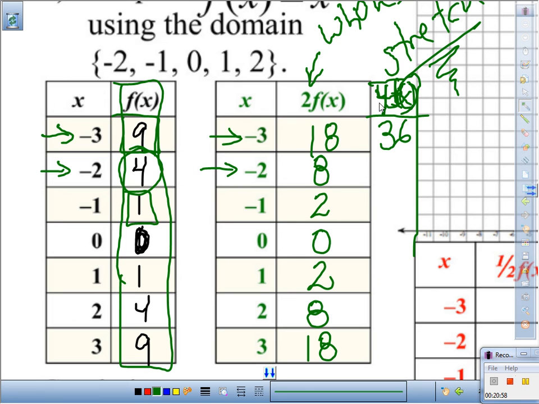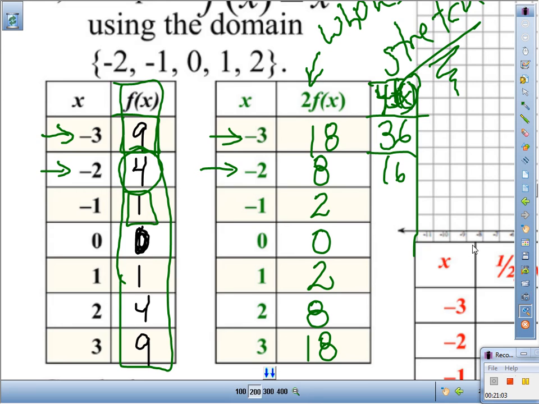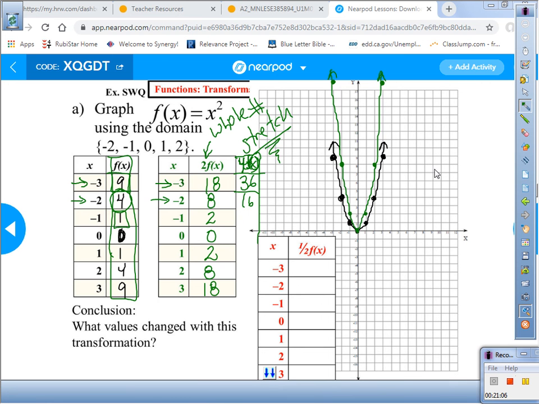The next one, 4 times 4 is, so what do you guys notice? That we're going to end up with big numbers. That means the next one over here will be 36, way up here, and then the next one somewhere over here. So what do you guys notice? It's going to start doing what? Stretching. So if we multiply times whole numbers, it's going to stretch.